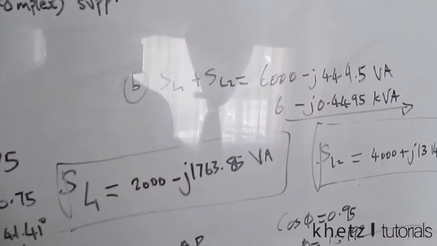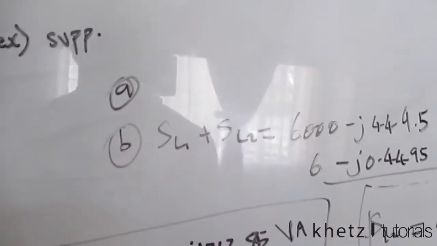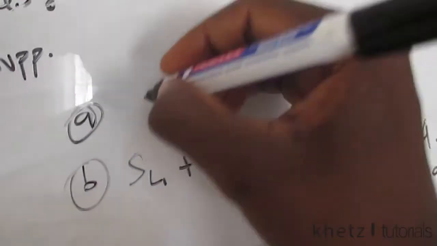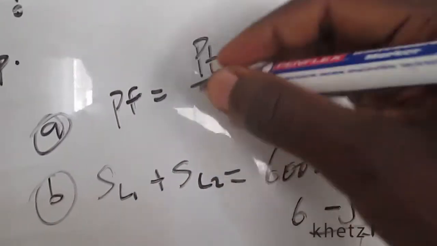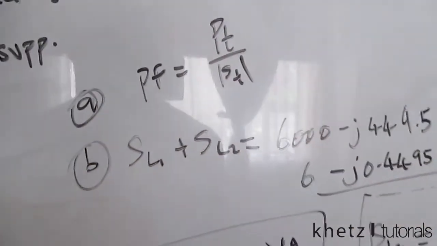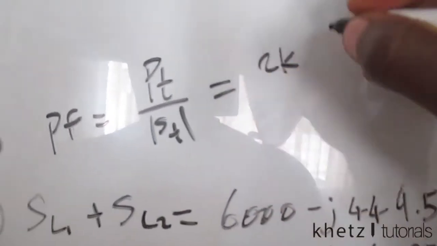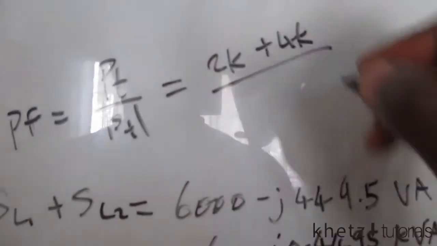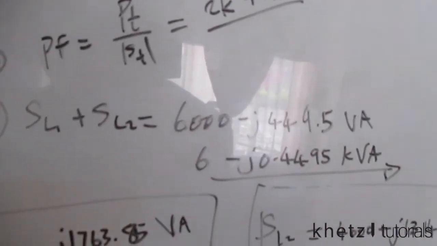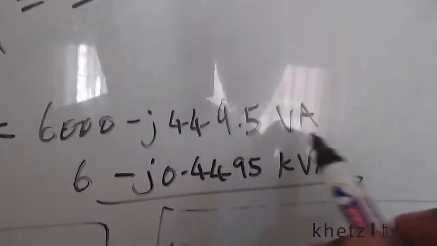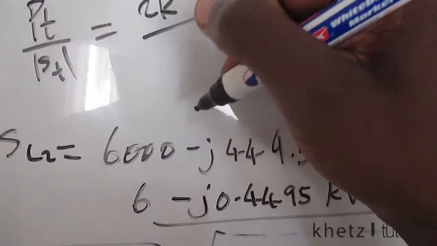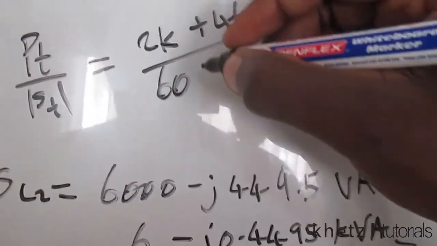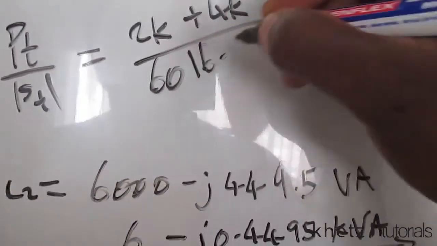We can now come back to solve the first part of the question, which is asking for the power factor of the two loads. The power factor is equal to the total average power divided by the magnitude of the complex power. For the top part, we just say 2K plus 4K, which was given to us in the question. For the bottom part, we have to compute the magnitude of this total complex power, and the value of that is 6016.81.